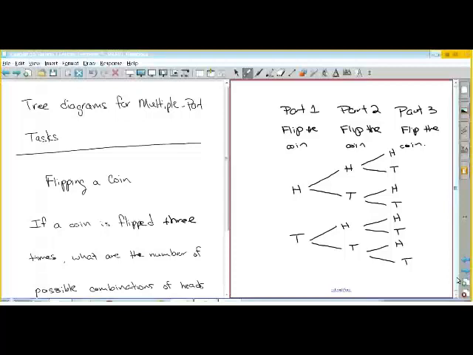So what I can do now, once I've created this diagram, is follow the branches from one side to the other, and I can get all the different combinations, all the different arrangements. So I can have heads, heads, heads. That would be one. We talked about it. That's kind of the no-brainer one. Tails, tails, tails. And all the other ones in between, I just follow. I continue to go down and follow the branches.